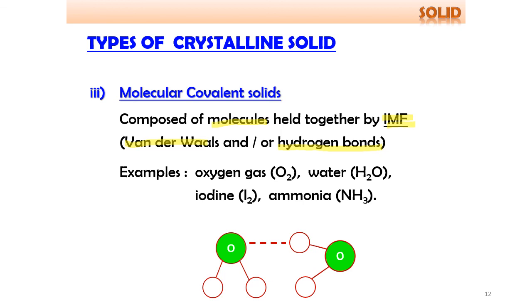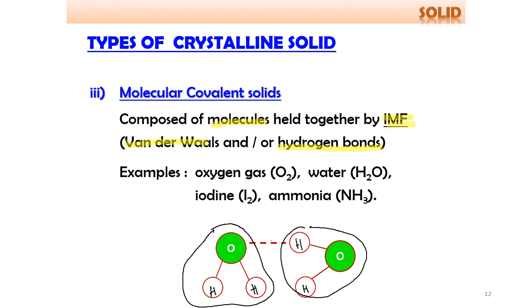Let's say this is an H2O molecule, water molecule, and between one water molecule and another water molecule, so this is one water molecule, this is another water molecule, between them there is hydrogen bond. So this is what we call molecular covalent solid.